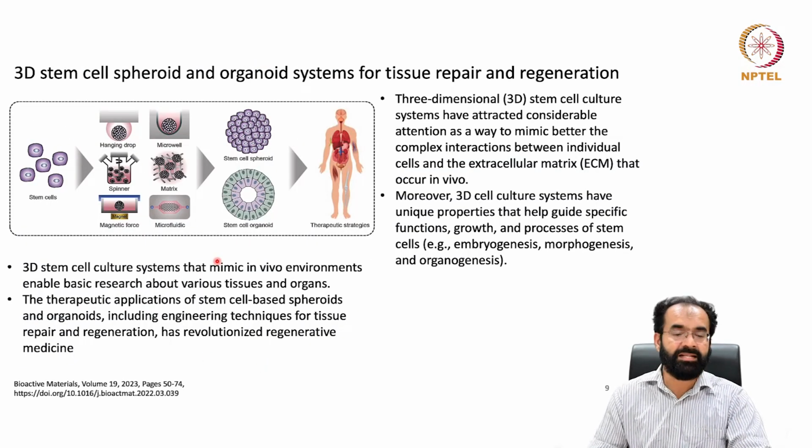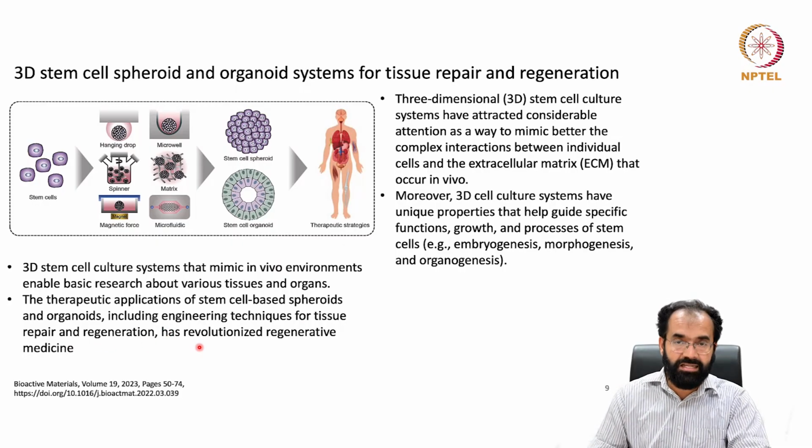Let us see the 3D stem cell spheroid and organoid systems for tissue repair and regeneration. This picture is an overview. So 3D stem cell culture systems that mimic the in vivo environment enable basic research about various tissues and organs. So the therapeutic applications of stem cell based spheroids and organoids, including engineering techniques and tissue repair and regeneration, have completely changed, or revolutionized, regenerative medicine in total.